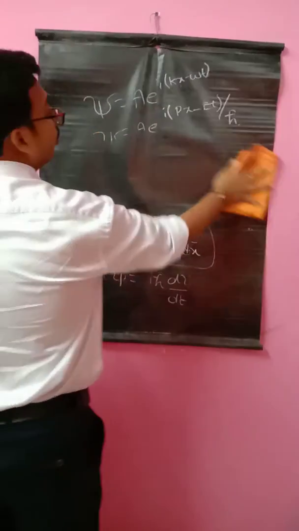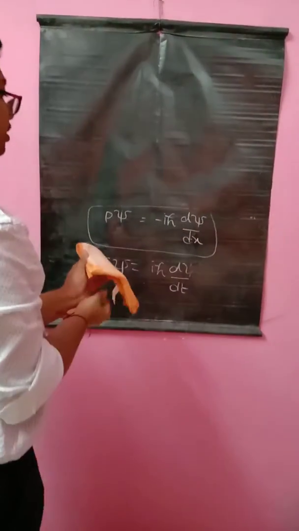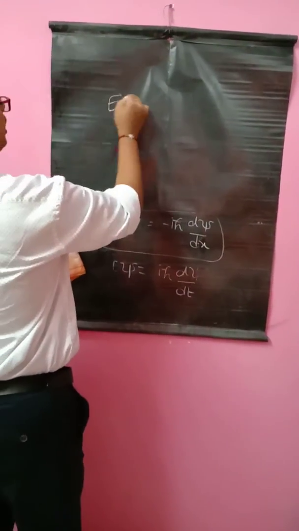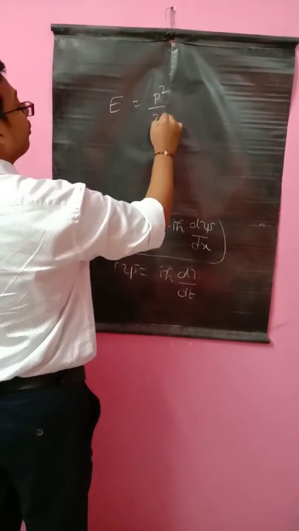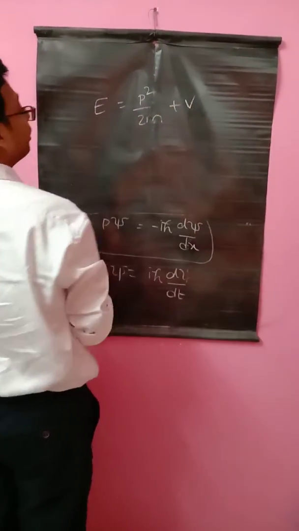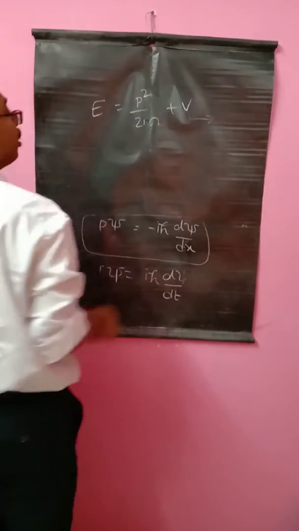Now we know energy conservation. From this, energy is equal to p square by 2m plus V of x, where V is the potential energy of the particle.